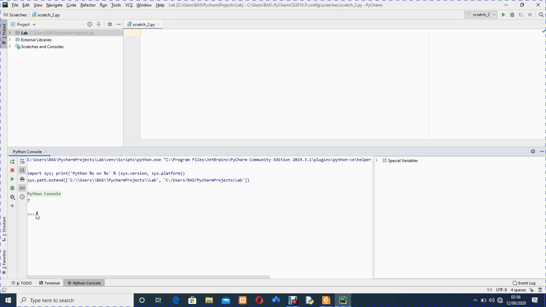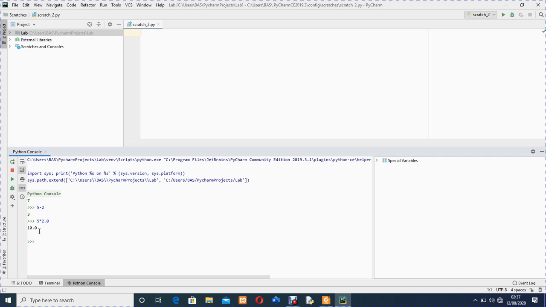Then for the difference, we have 5 minus 2, the result is 3. Then for the multiplication, 5 times 2, let's say 2.0, equals 10.